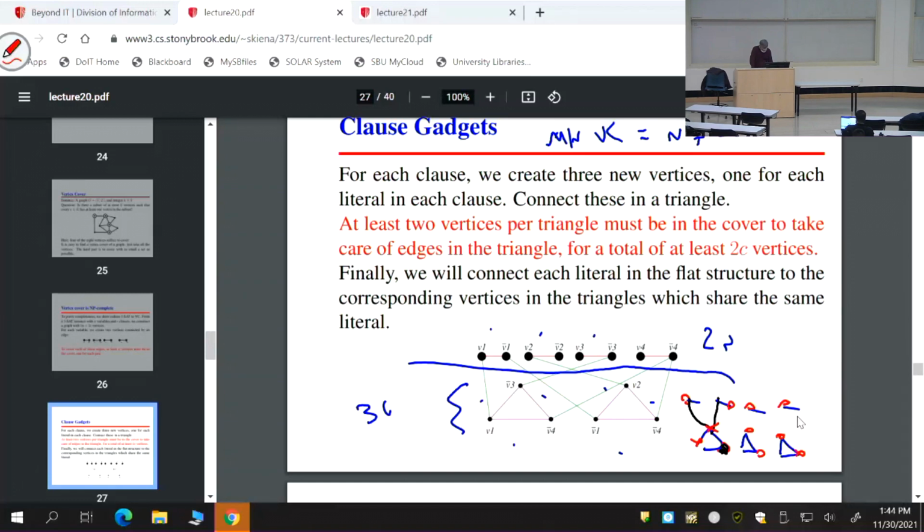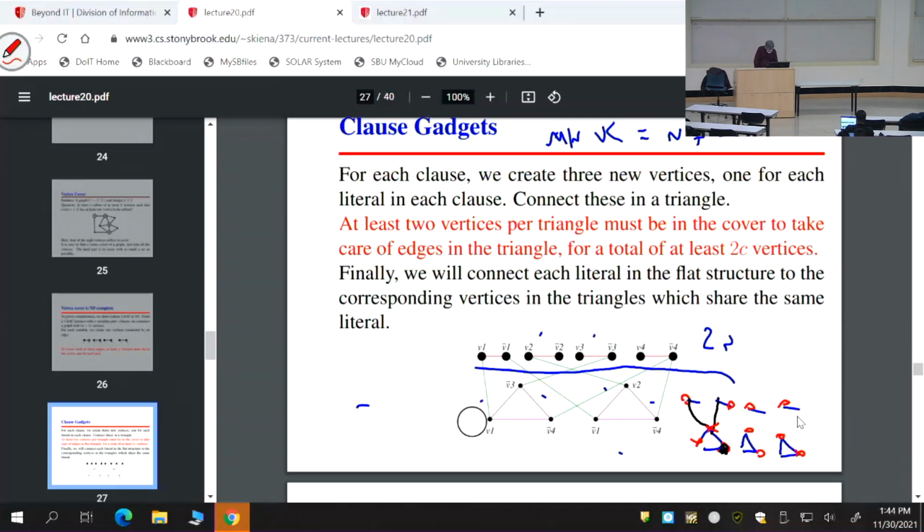So if I add edges between what I'm going to call vertex gadgets and my clause gadgets, maybe the minimum vertex cover isn't going to go up, but maybe it will. Okay? Now let me tell you how I'm going to add these extra edges.